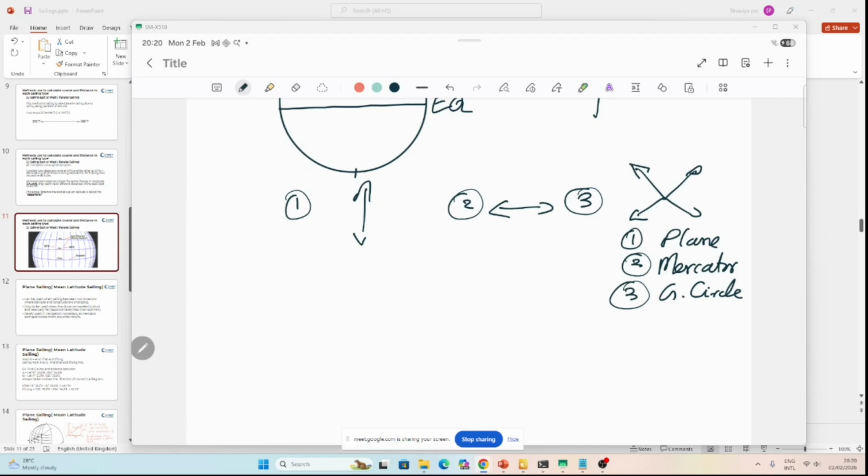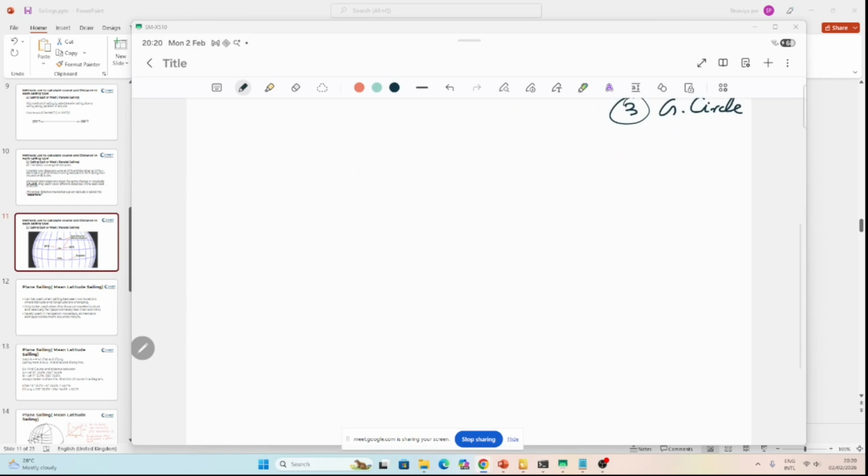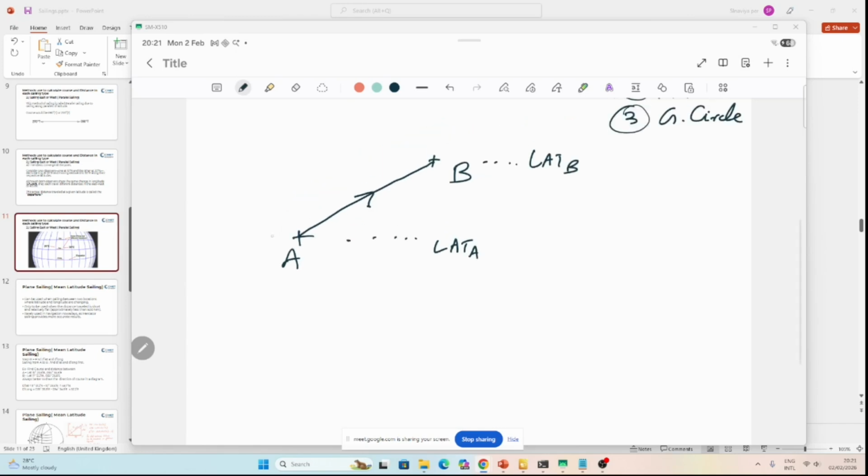Okay, so we are going to look at plain sailing today. When you are sailing from one location to another location, you can see that your latitude is also changing. This is latitude B, and this is latitude A. And your longitude also changes.